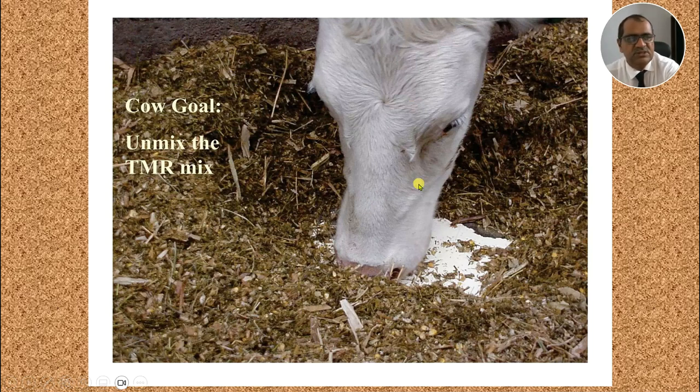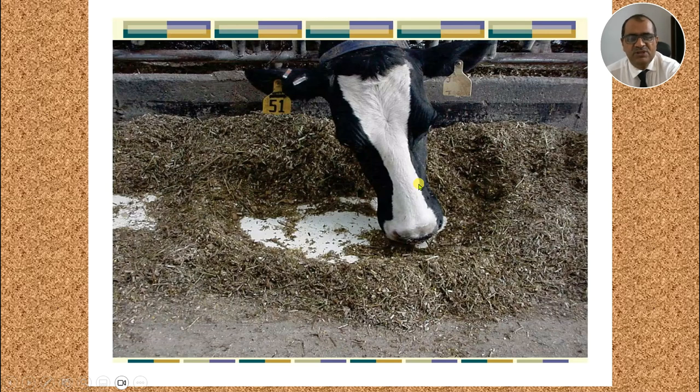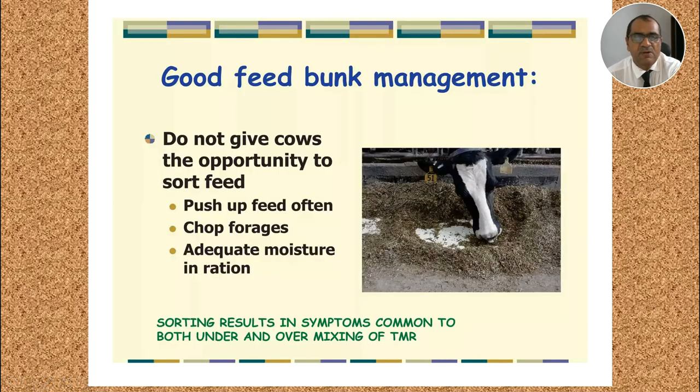Once again, unmixed TMR looks like this. The cow selectively tries to grasp some grains, or sometimes the material which is tasty to it. So if you do not mix it properly, this may happen. Here you can see the cow trying to pick up some grains present in the feed.